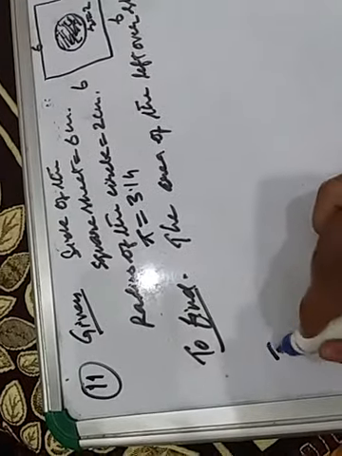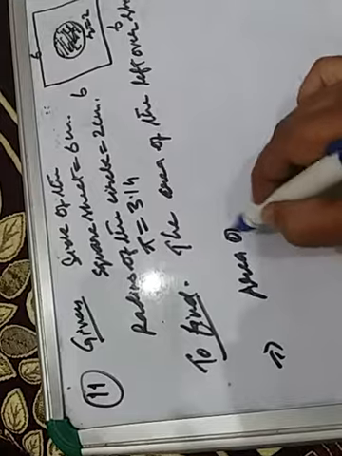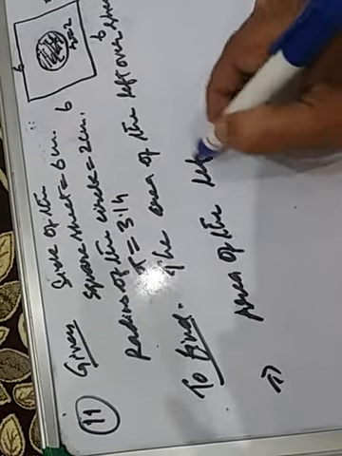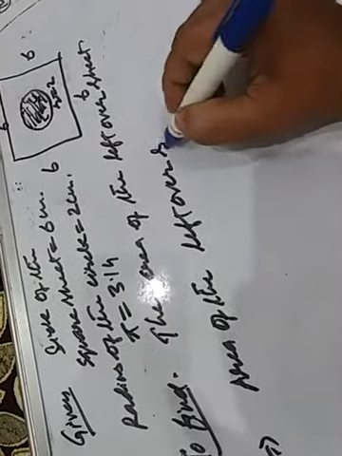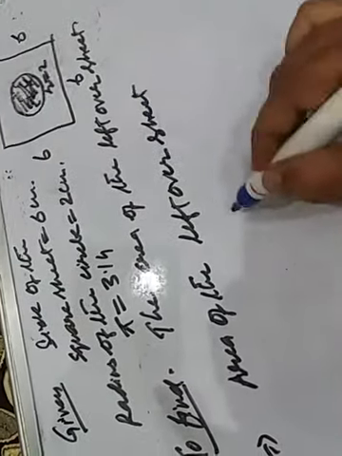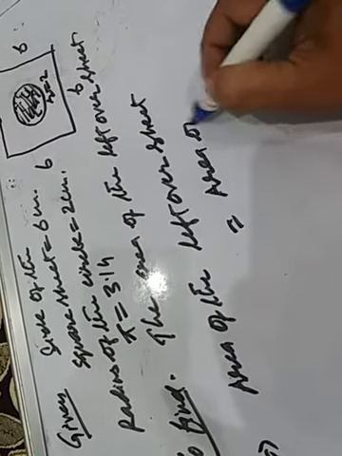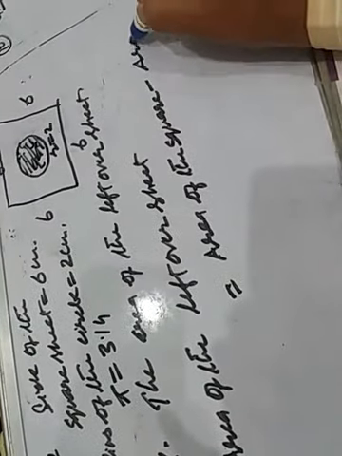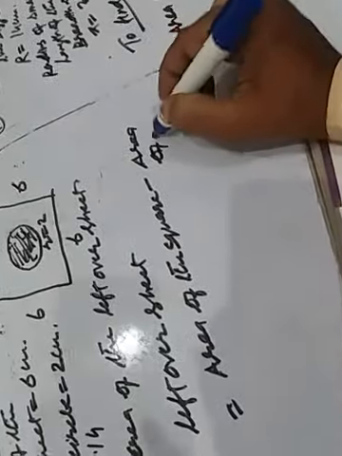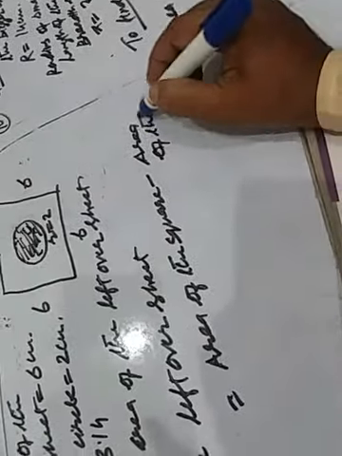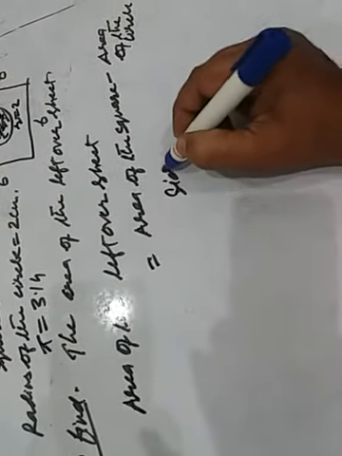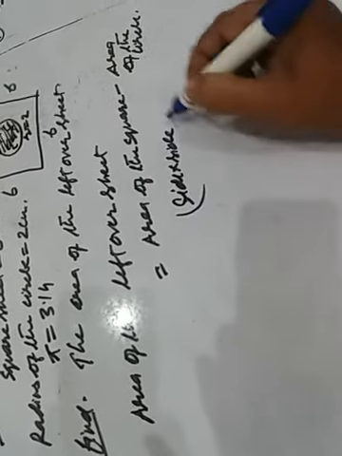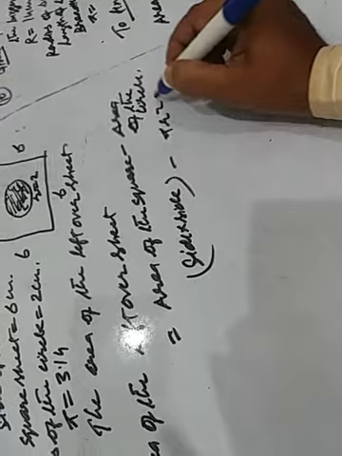This implies that the area of the leftover sheet, leftover means remaining, equals area of the square minus area of the circle. Okay, children. So what is the area of the square? The formula for the area of a square is side into side, minus the area of the circle, that is pi r square.